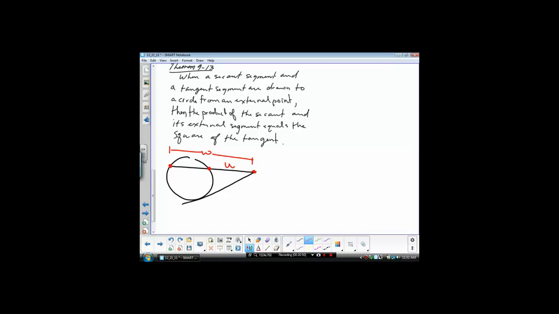Then the length of the tangent comes from the point of tangency to that point. That length is going to be called T in this case. And what I want to prove, again, my given is just the diagram, is that W times U will equal T squared.